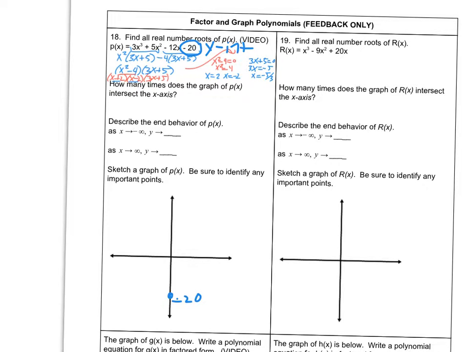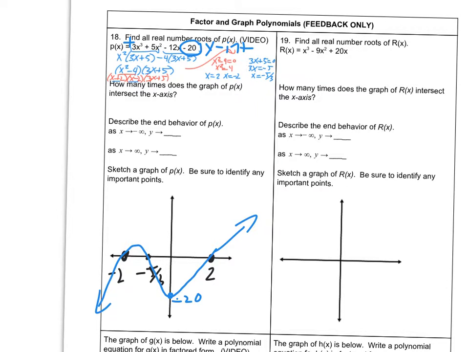And our points are going to be at 2, at negative 2, and negative 5 over 3 is greater than negative 2. I also notice this is a positive out front, so we're going to go up and to the right at the end. Okay, nice smooth graph going through all my points, no bounces, because nothing is squared, and we have a shape that looks like this.